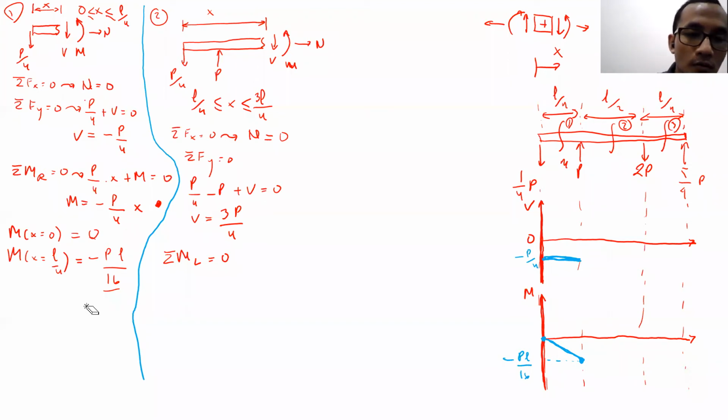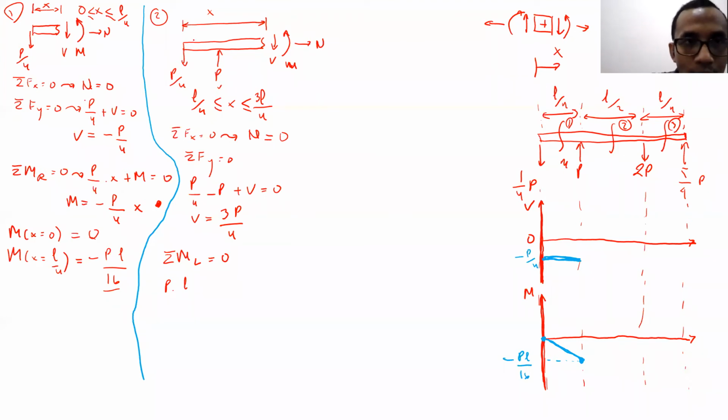Okay. So for this one, I want you to do sigma moment from the left edge. What do you have there? So it's P multiplied by x, but minus this one. You mean this one?